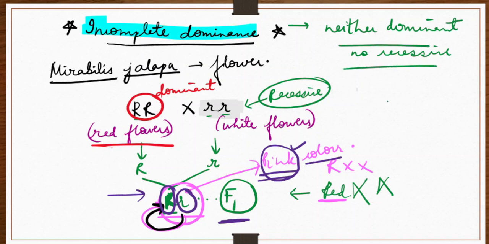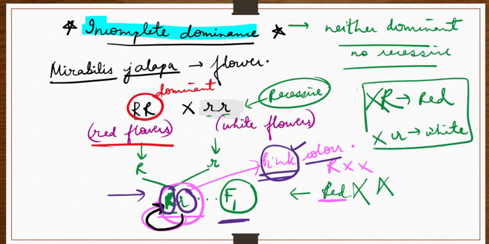Neither R said that yes, I will express red. No, this didn't happen. Neither small r said that I will express white. No, nothing of this sort happened in this case. Nobody expressed. So we say it is incomplete dominance.